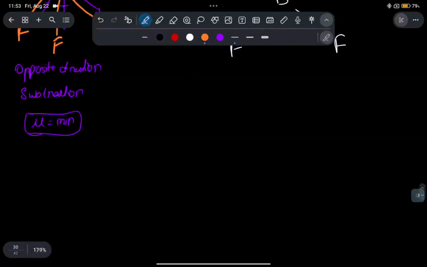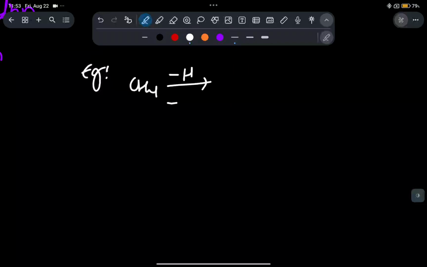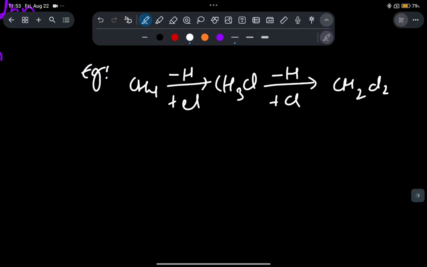So I will ask on some example. CH4 is there. If you remove H and add Cl, CH3Cl, and the hydrogen removing and adding Cl, CH2Cl2.